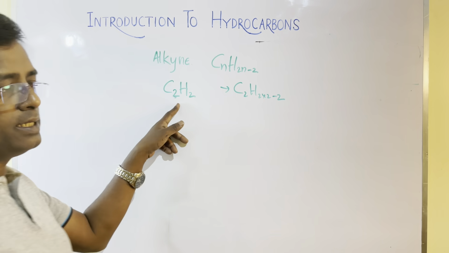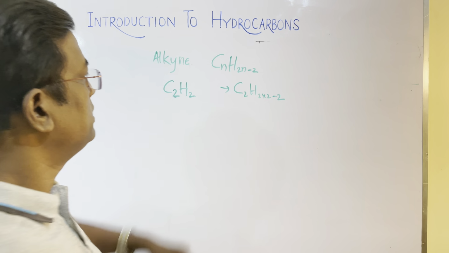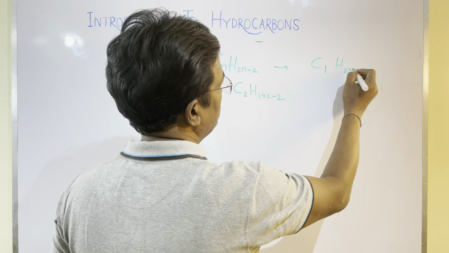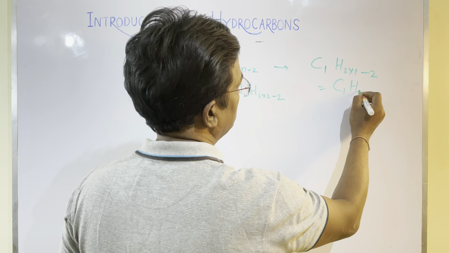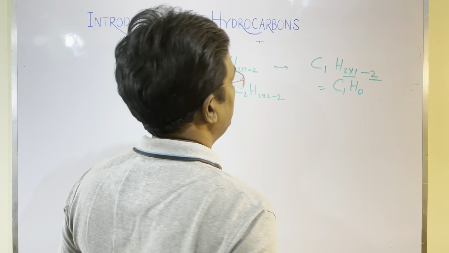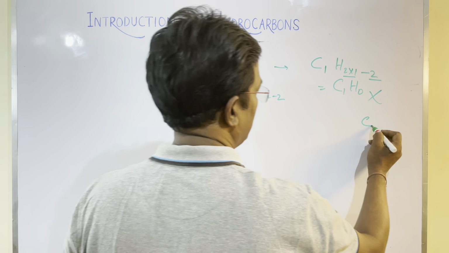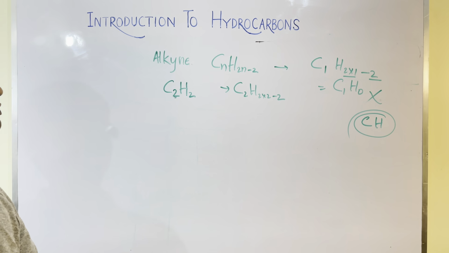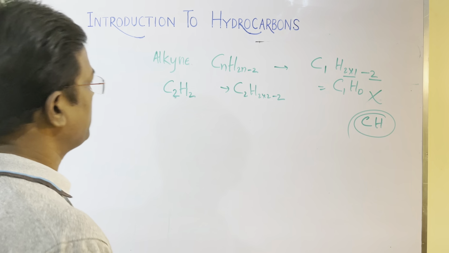C1 does not exist here. If you try to put C1, H2 into 1 minus 2, hydrogen becomes 0, C1H0. It can't exist because we know hydrocarbons contain carbon as well as hydrogen, both. That's why C1, the first member, does not exist here.